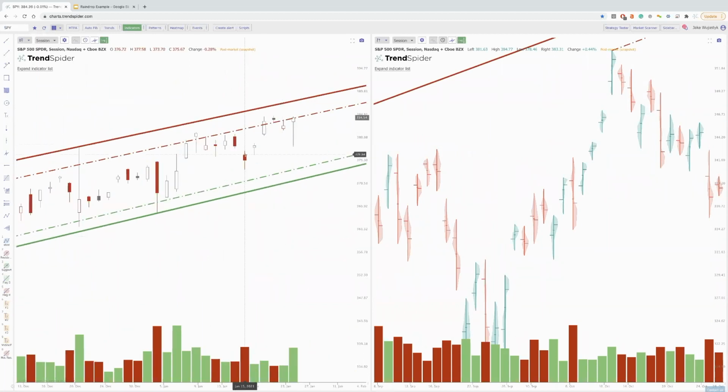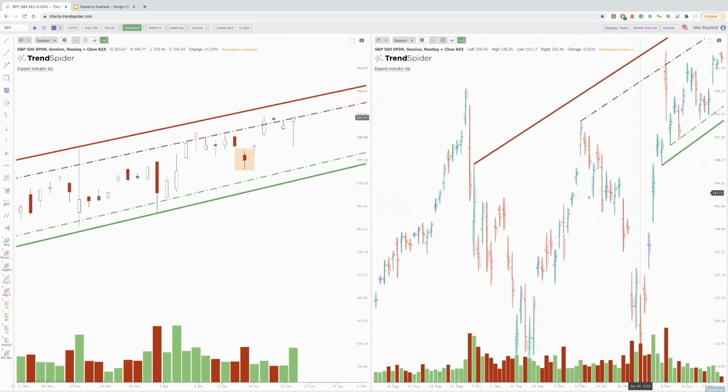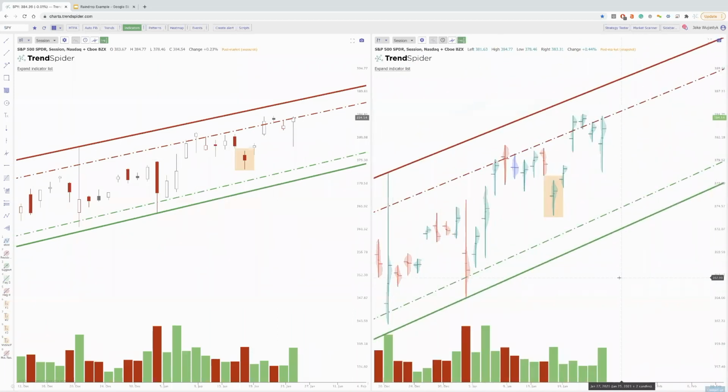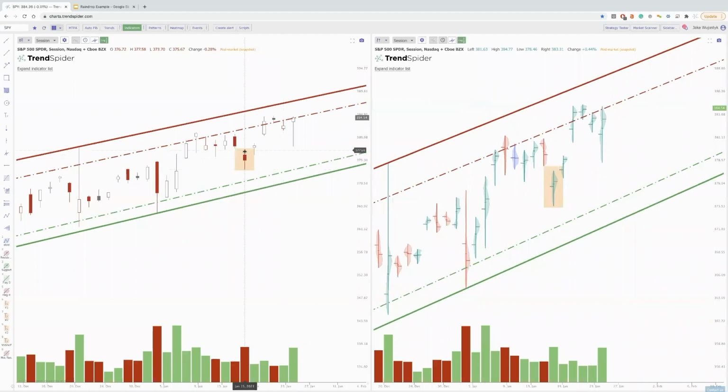But you can see here, two Fridays ago on January 15th, we had this really red candle. However, if you go to the raindrop chart, it was actually green. So you have a discrepancy in price where you've got this red price action, but then you have a green raindrop showing that buyers are actually in control. And you can see that conviction by the buyers at the top of the range.